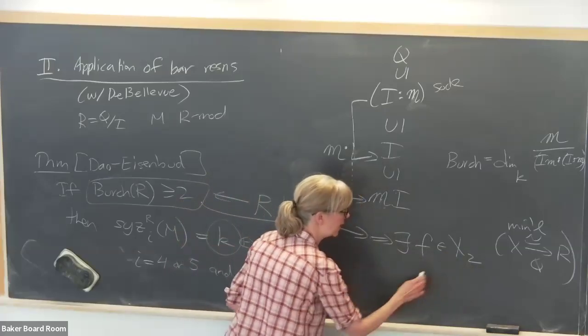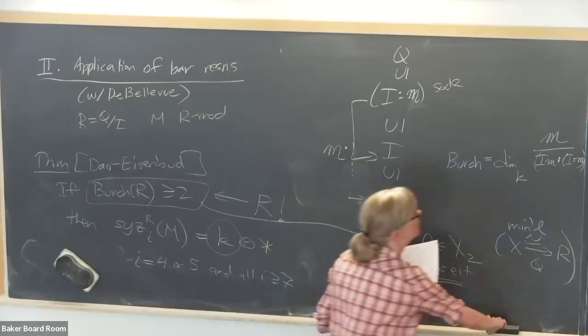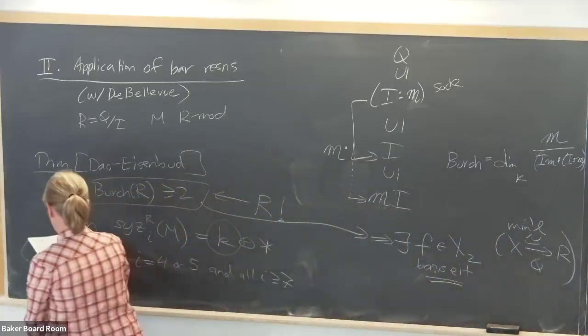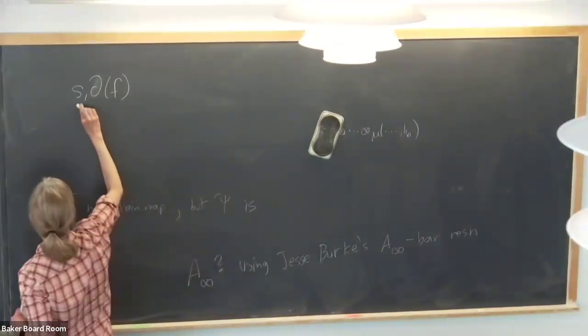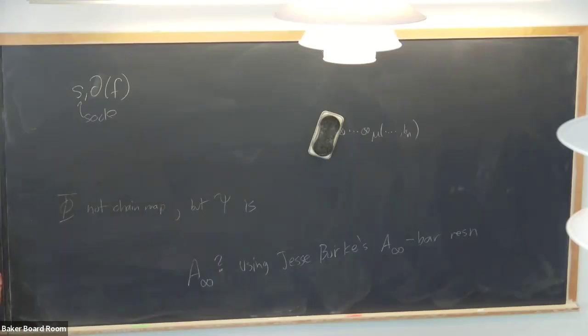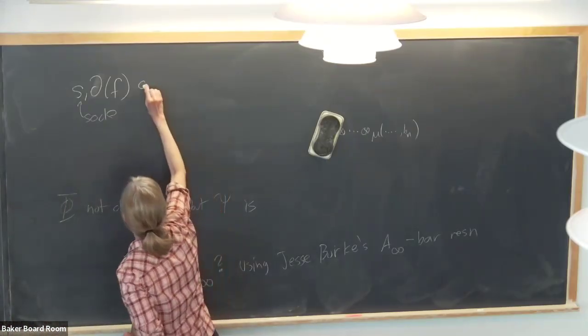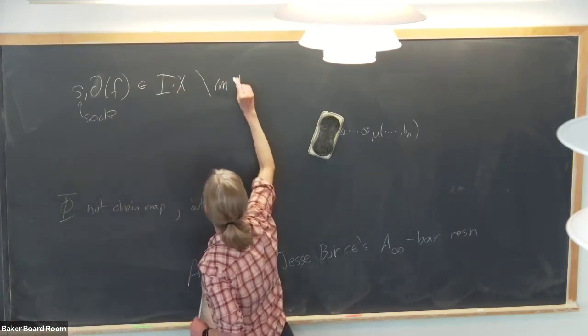So there exists an F in X2 that's actually a basis element, but it has this weird property that the differential of F, if you multiply it by this special socle element that has to do with which thing got multiplied into where, is landing in I times X, but it's not landing in MIX.